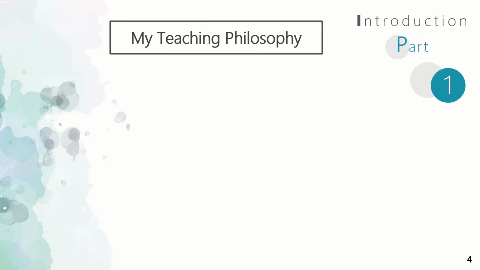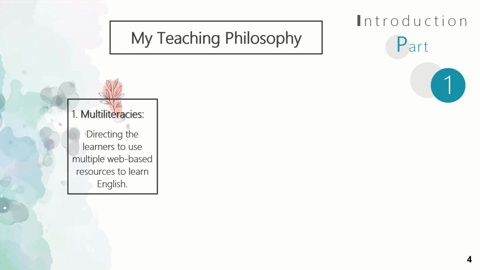Every educator has personal teaching beliefs. I am personally dedicated to executing the core values of multiliteracies. By multiliteracies, I refer to a literacy education perspective. In the 1990s, the New London Group proposed a multiliteracies pedagogy with the emphasis on multi-dimensions of literacy.